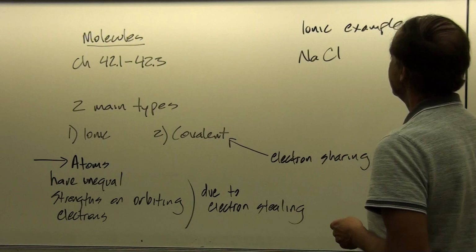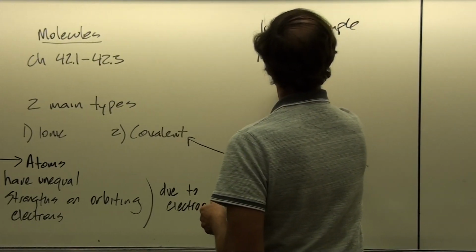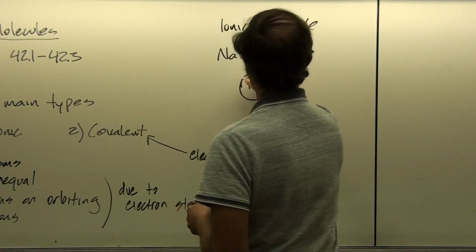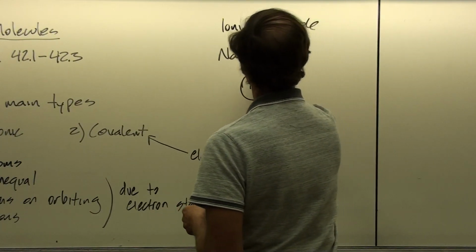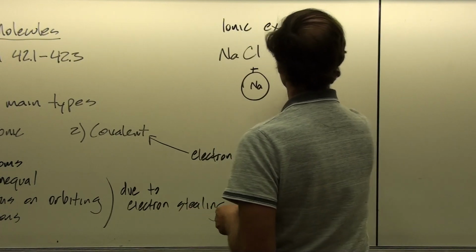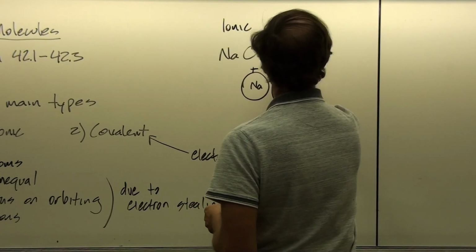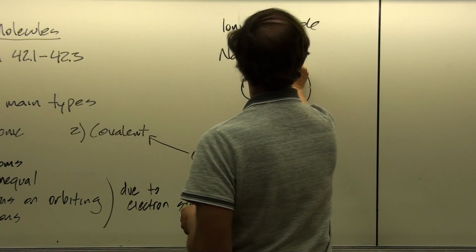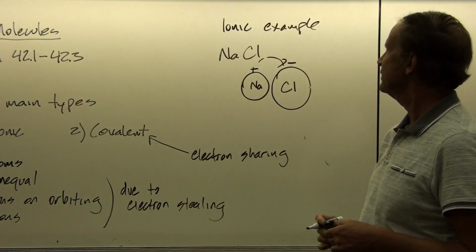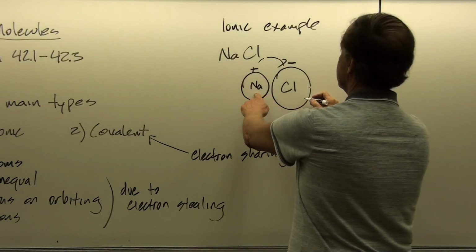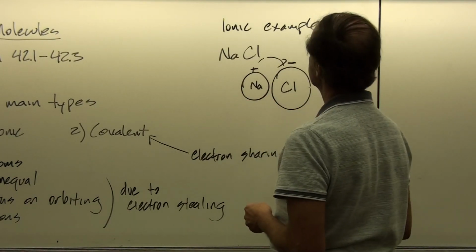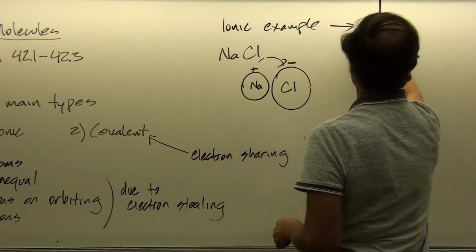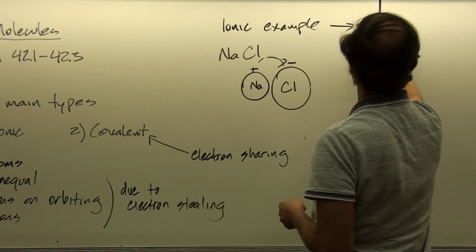Now, for NaCl to work, the sodium atom must have a weaker pull on its outermost electron, and so that will give it a net positive charge, whereas the chlorine atom will have a stronger pull and basically steal the sodium's electron. And that will give the ionic crystal a dipole moment, because now we have a separation between positive and negative.